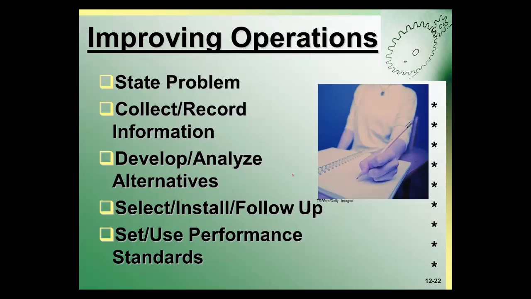And the final step is to establish performance standards that determine whether or not the process has been implemented and if it's actually working properly. Now, although we have discussed facility layout in this mini lecture, we're assuming that this 5-step process applies to facility layouts and other areas of business.